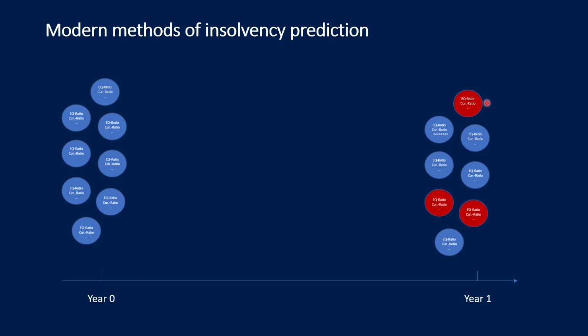And now the idea is to find out if there is any connection between the equity ratio, the current ratio, and other ratios, and the case that they went bankrupt or not.